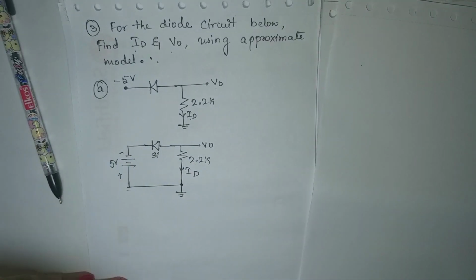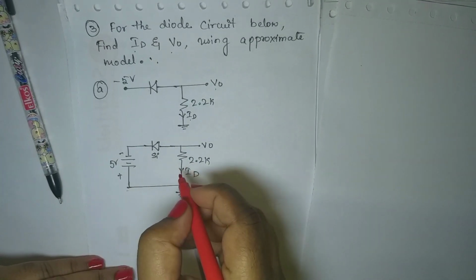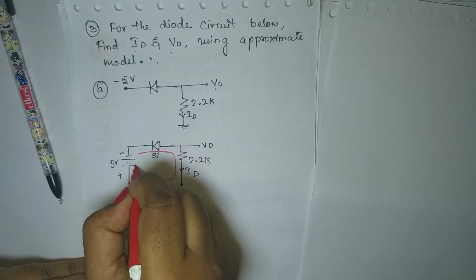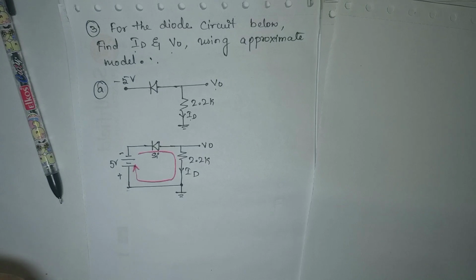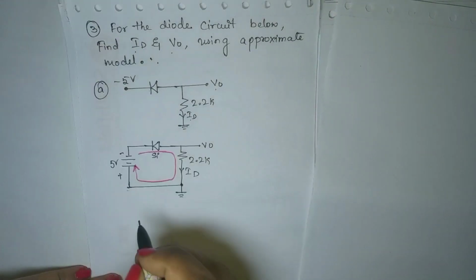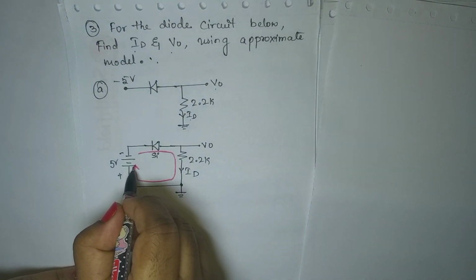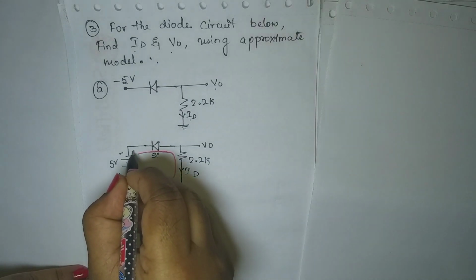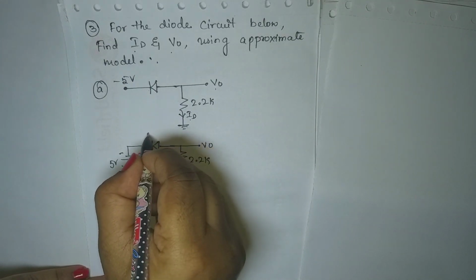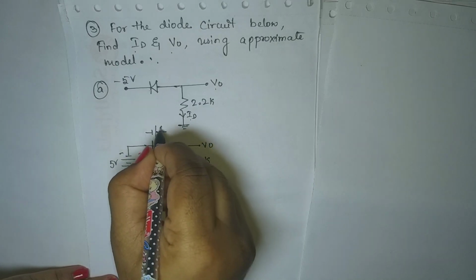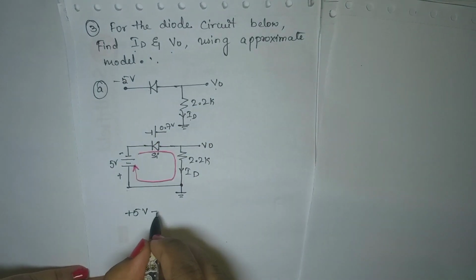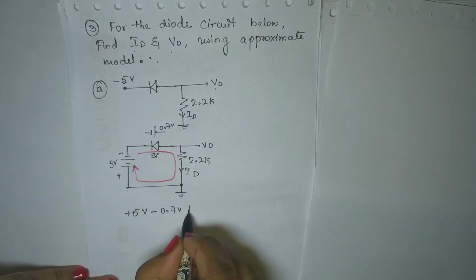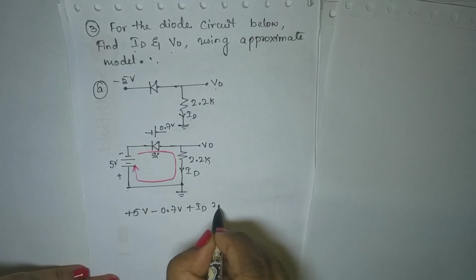Now applying Kirchhoff's voltage law, I'll take the direction of current in the same direction as this ID. So here the arrowhead is meeting plus, right? So it is plus 5 volts, and if I come here, it will be negative, positive, 0.7 volts. So minus 0.7 volts plus ID into 2.2K.